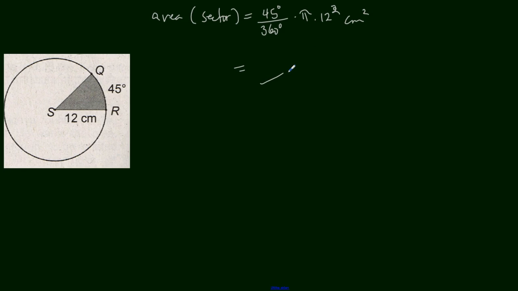Then we have 45 over 360, which is 1/8, times pi times 144 square centimeters. 1/8 times 144, then we have 18 pi square centimeters.